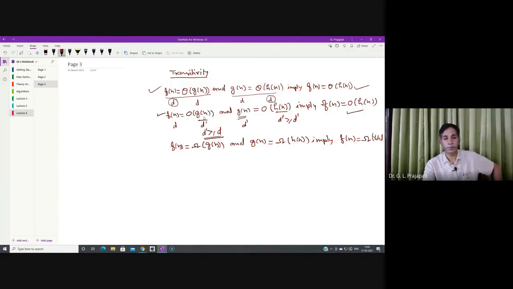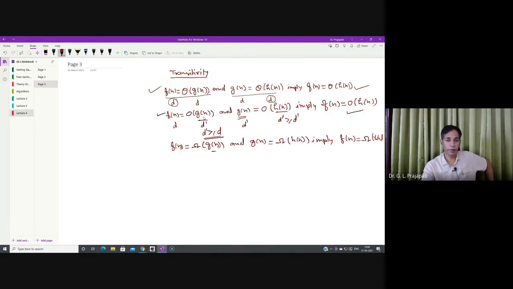Yes, you can say yes. Why is it so? Because whenever you say f of n is big omega of g of n, it means the degree of f of n may be more than or equal to that of g of n.